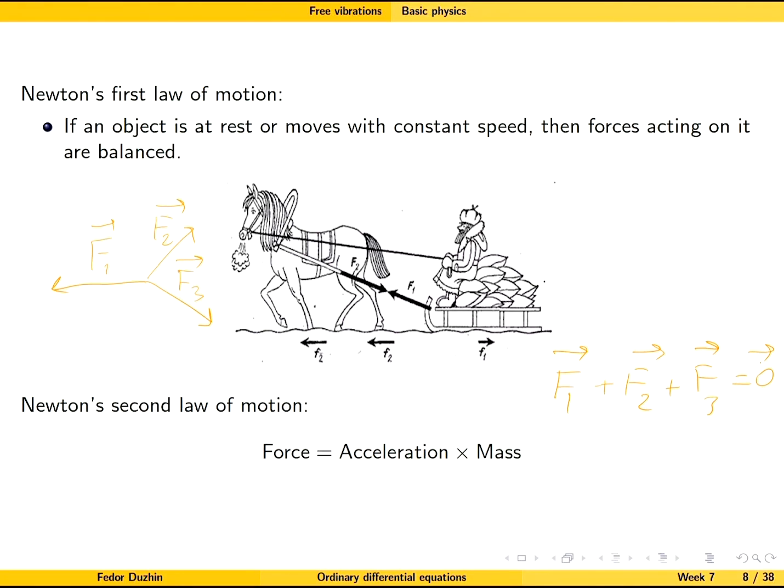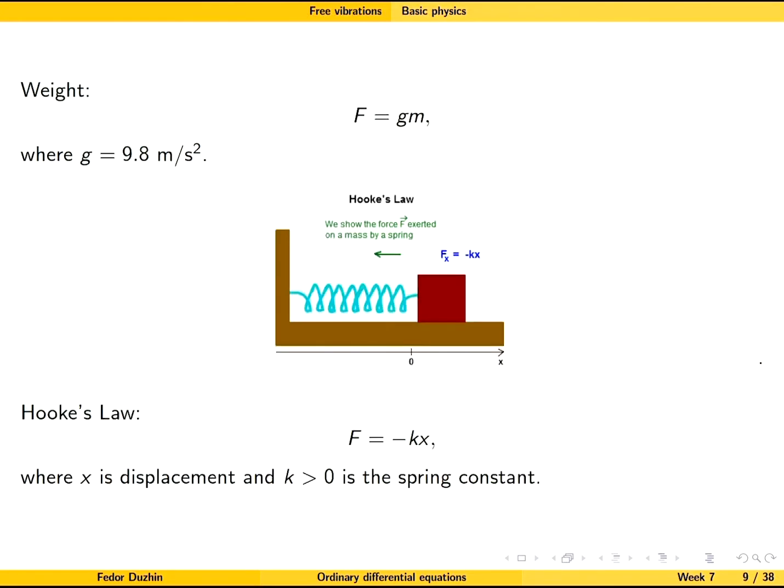The second law of motion that we are going to need is that the force equals acceleration times mass. Well, strictly speaking, acceleration equals force divided by mass. So the force is given, and then we can figure out the acceleration.